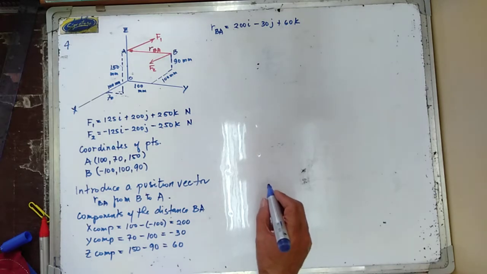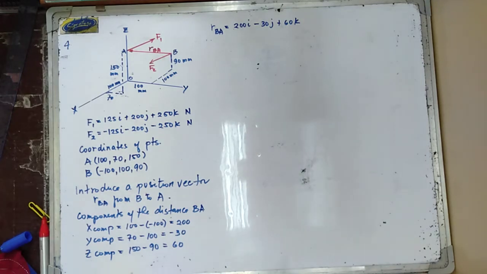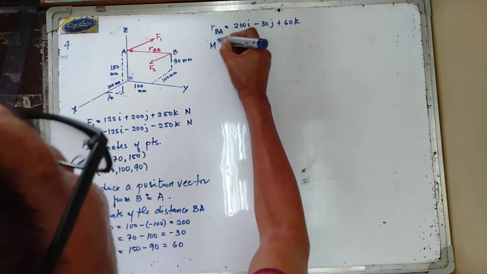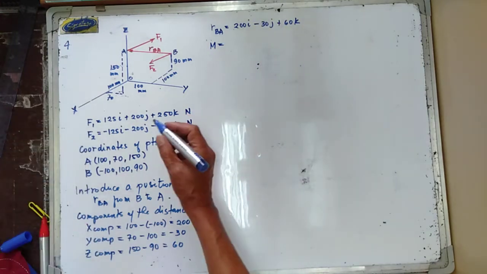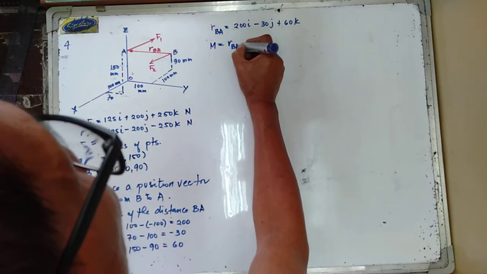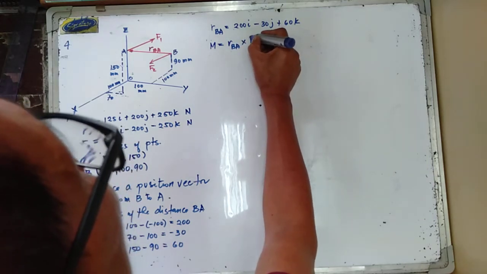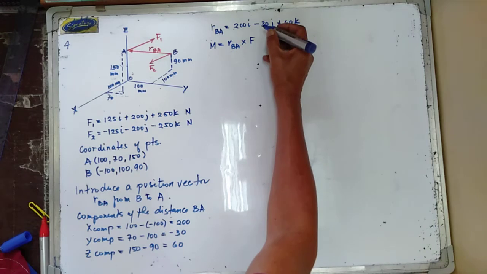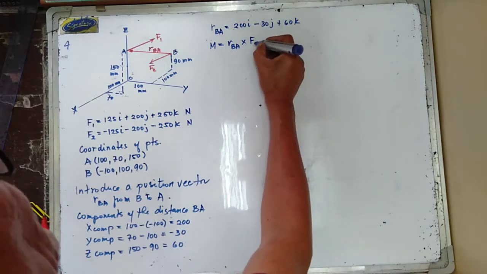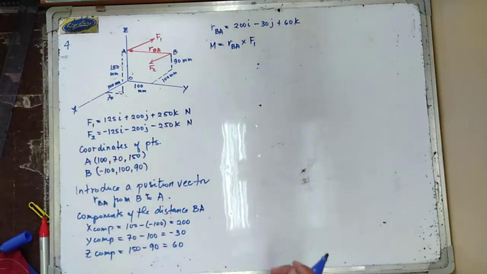Let's try to determine now the moment produced by the couple by F1 and F2. So the moment is equal to the position vector RBA cross F1.